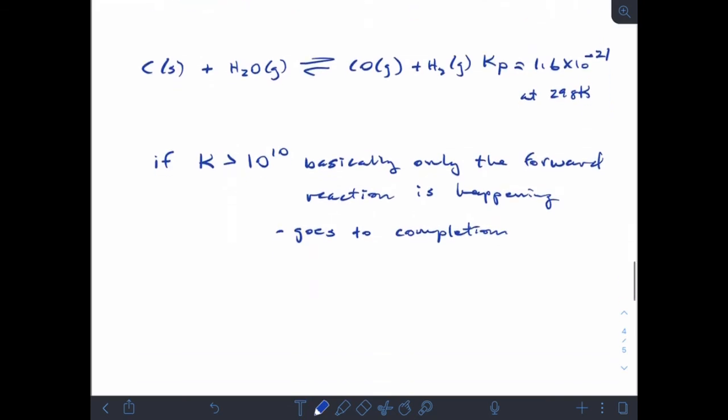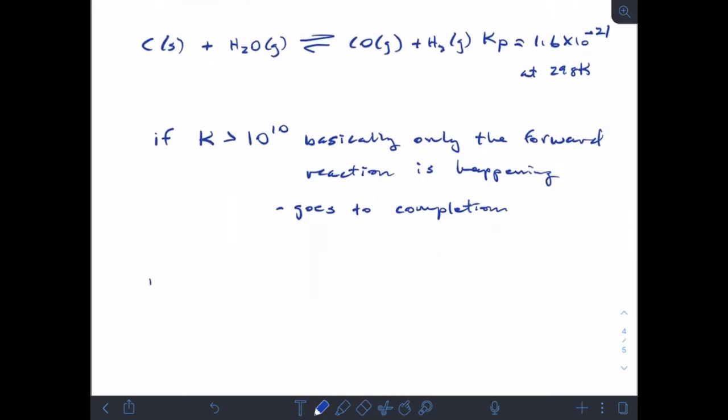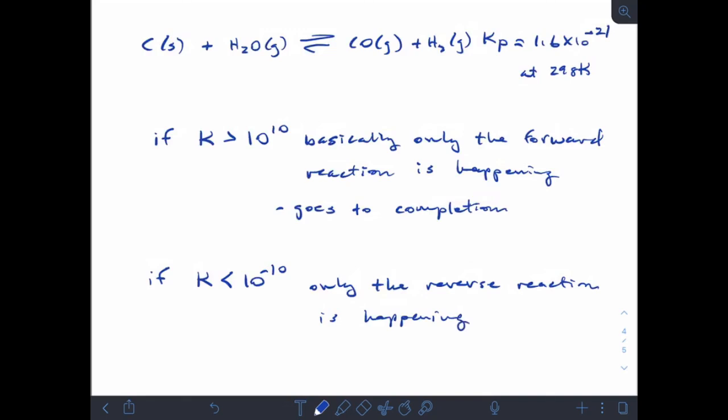Okay, so conversely, if K is very small, say if K is less than 10 to the minus 10, only the reverse reactions happen. Okay.